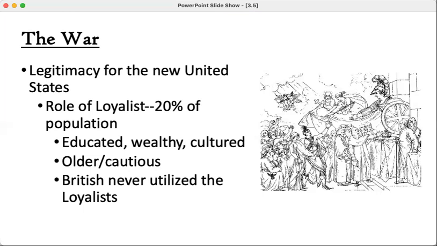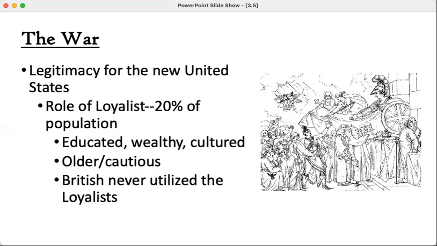So one of the challenges in the revolution is it will be very hard to tell who is pro-England and who is pro-America. We will see many of these people flee to Canada. As Americans grow more in favor of revolution, they will start to target their loyalist neighbors. About 100,000 will leave.